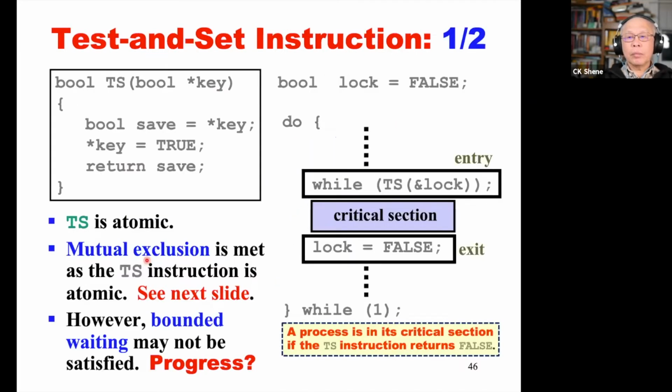Then let's move to one of the oldest atomic instructions that supports mutual exclusion: test and set. Now, I code the test and set instruction as if it is a function. But because this test and set instruction is atomic, all of these operations are carried out together.